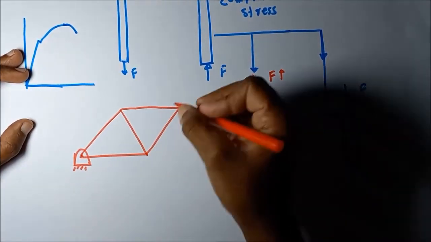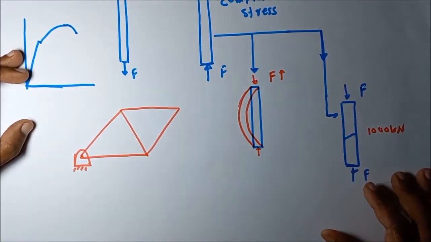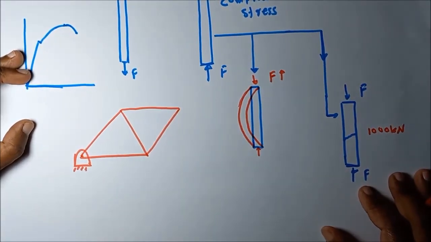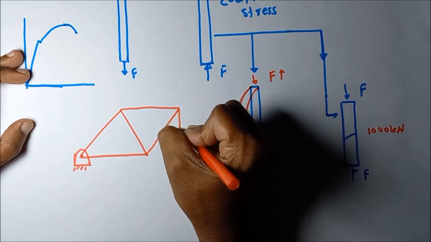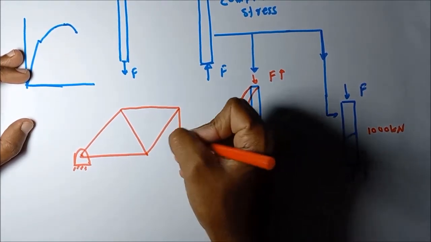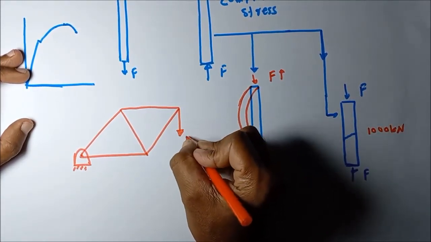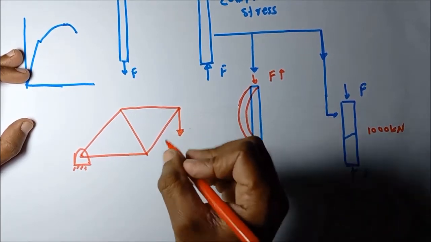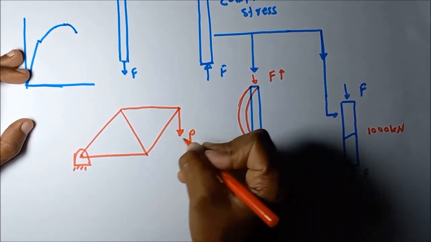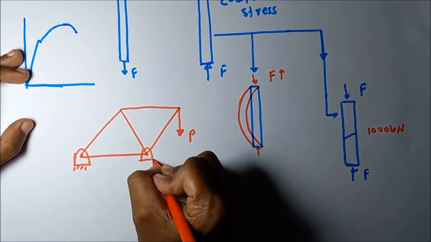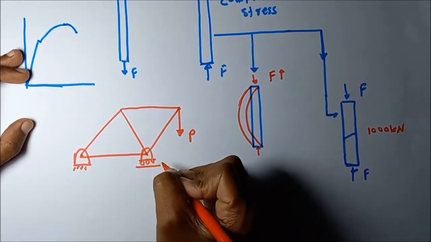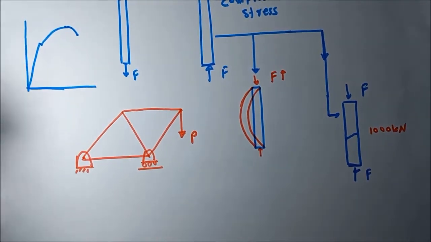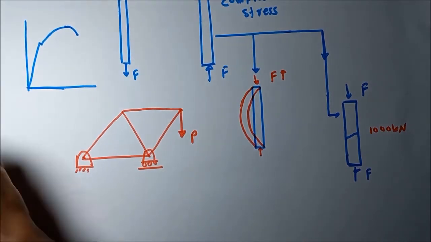In truss structures, all the forces act along the truss bar elements. Let's take a vertical load P hanging on this node, and another roller support here.